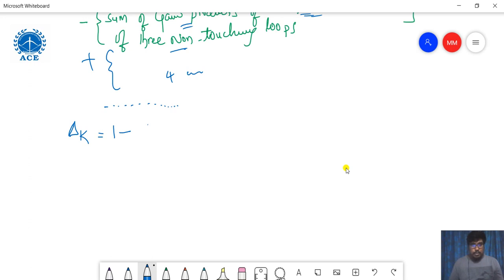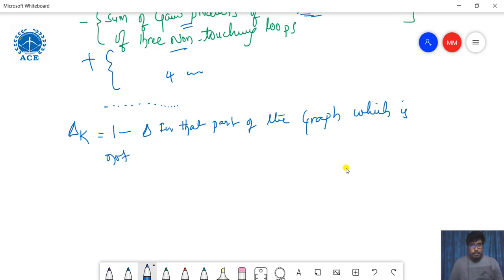See, I write this one: delta for that part of the graph which is not touching the kth forward path.